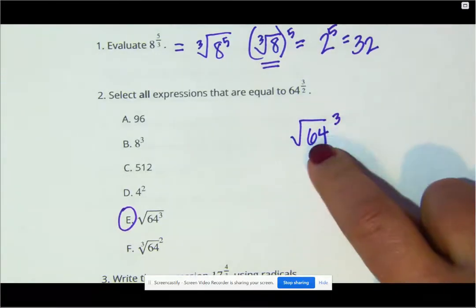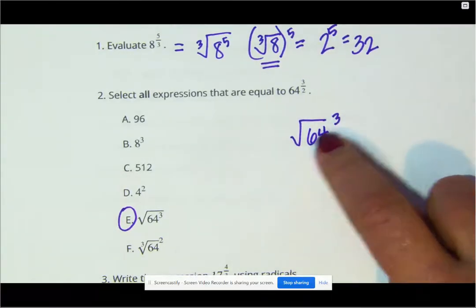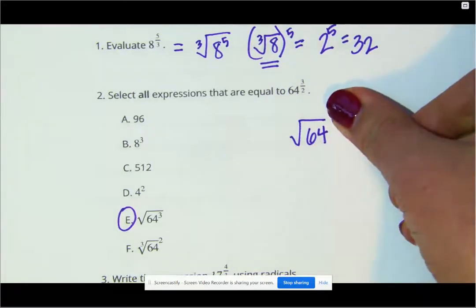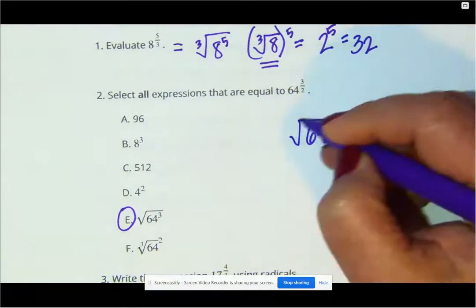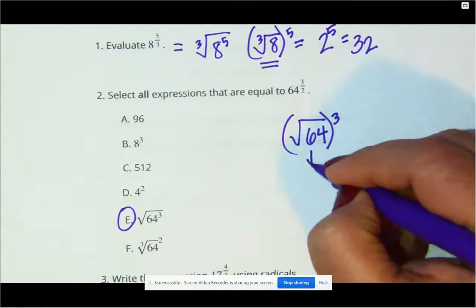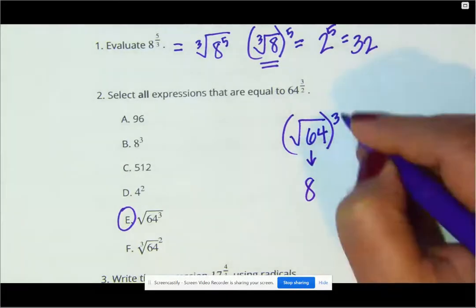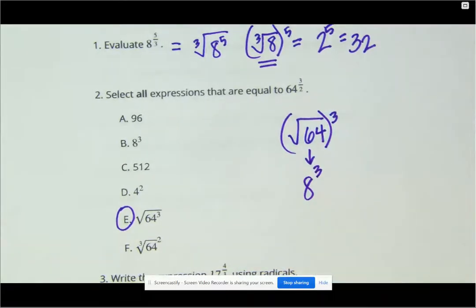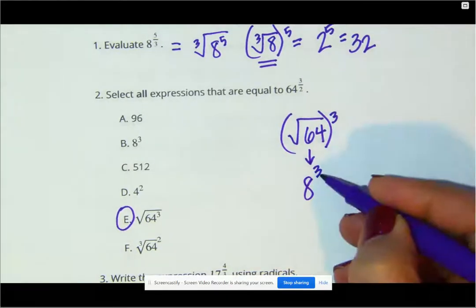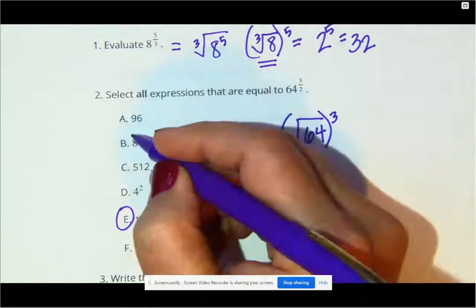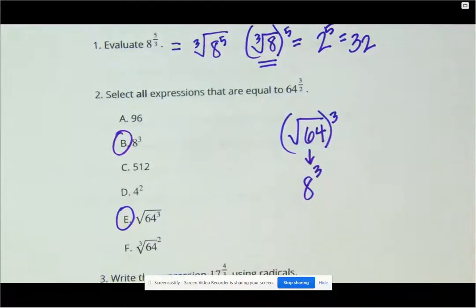Okay. Now let's maybe break this down. Instead of doing the square root of 64 to the 3rd, let's hold off on that. Let's do this part first. What is the square root of 64? This is 8. And now I can raise 8 to the 3rd power, but let's time out. I see that's a match right there before I even finish it. That's 8 to the 3rd.